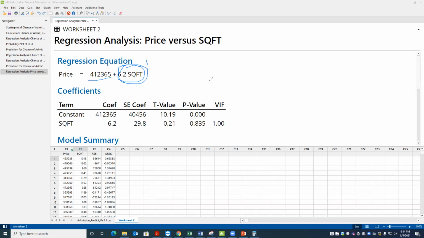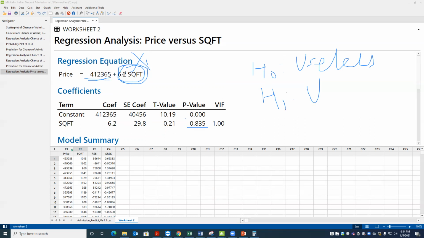Because the p-value is this, you can understand the null hypothesis: this is higher than this, so it is useless. It means if you have 2000 square feet or 1000 square feet, the price will not change much.